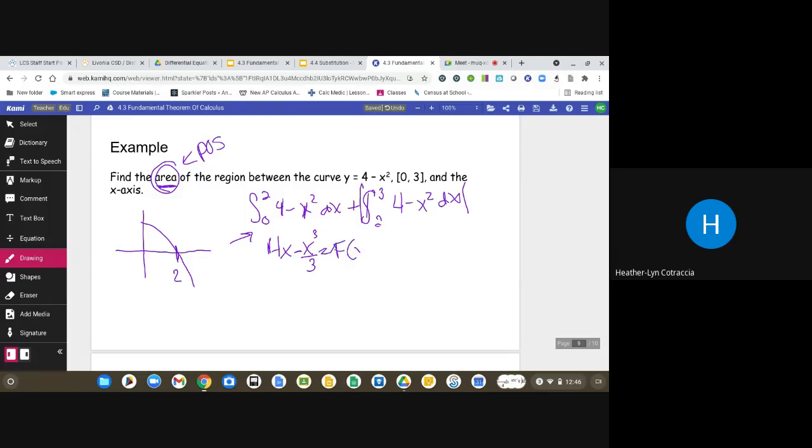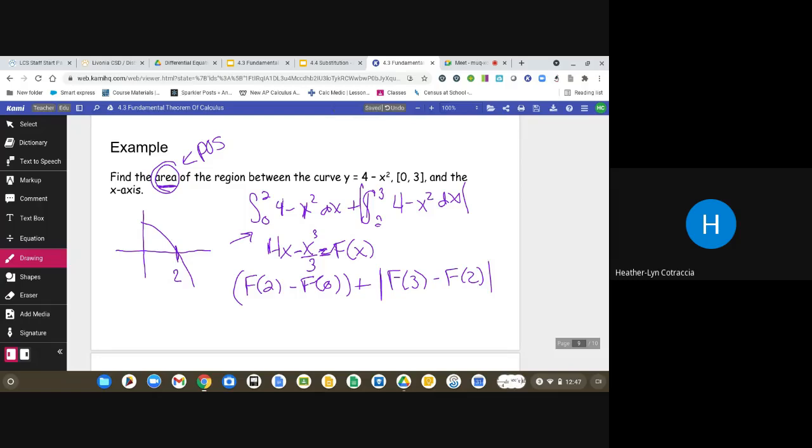That'll be the antiderivative for both of them. So now we're going to evaluate. I need to find F of 2 minus F of 0, plus the absolute value of F of 3 minus F of 2. And again, the reason for that is because it specifically says area.